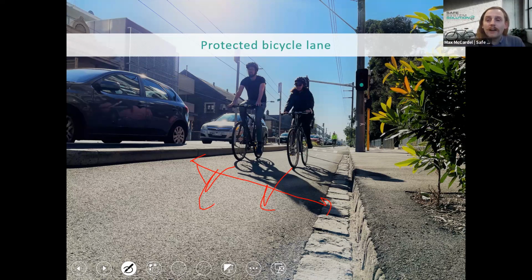If this wasn't a wide enough facility, you've basically created a tunnel where there's no way to overtake or get away from any kind of obstacle in the way. Whereas in this particular facility, they've made it wide enough that you are able to overtake and provide for a bigger variety of cyclist levels, which is fantastic.